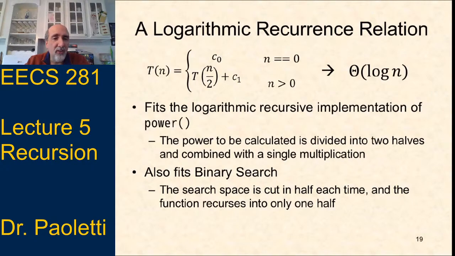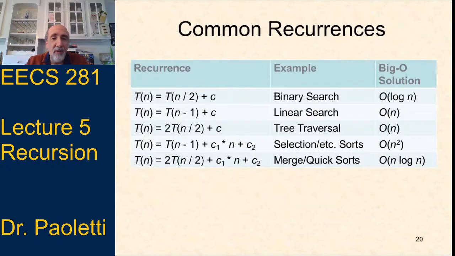As you start seeing certain recurrence relations, you'll start knowing what the complexity class is without having to solve it because you've seen it often enough. And so here are some examples of common recurrence relations, which obviously have to have a base case, but we didn't need to say, hey, if they're recurrences, they've got to have a base case of T of 0 or T of 1, doesn't matter which.